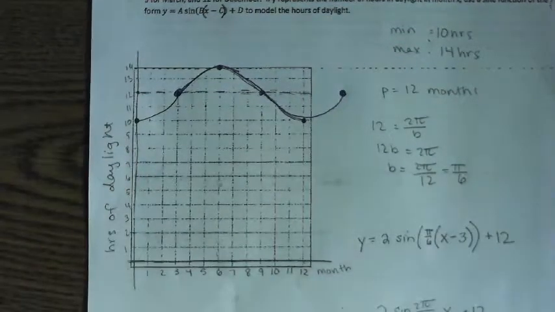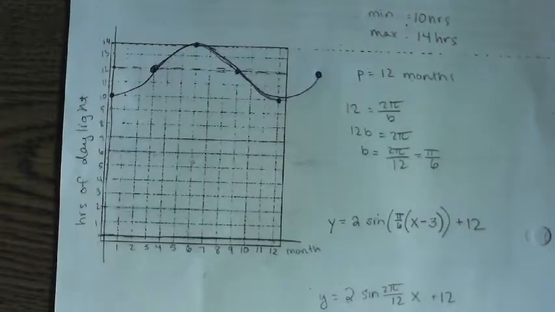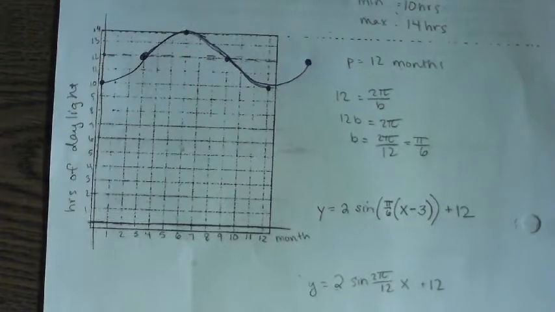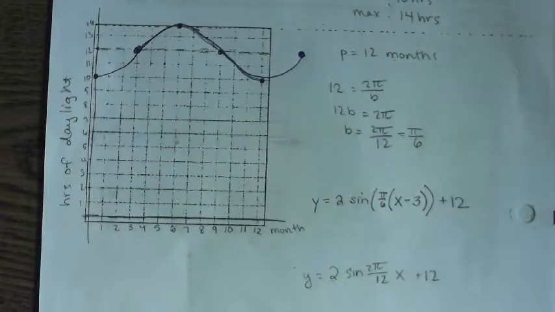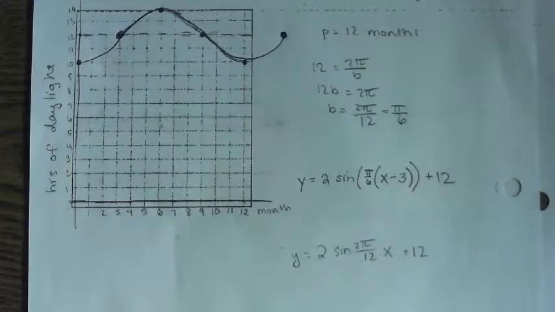So not far off. It was a little confusing, I agree, because it should be a cosine curve, but yet they told us to write a sine curve, which is fine. You can always write a sine curve as a cosine or vice versa, and that's kind of partially what I'm illustrating here.